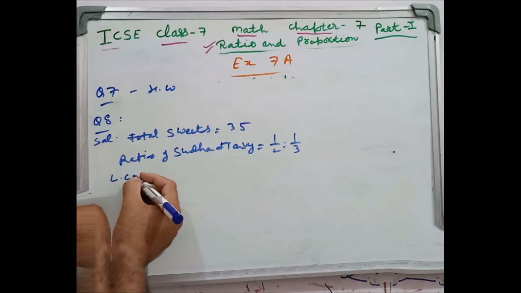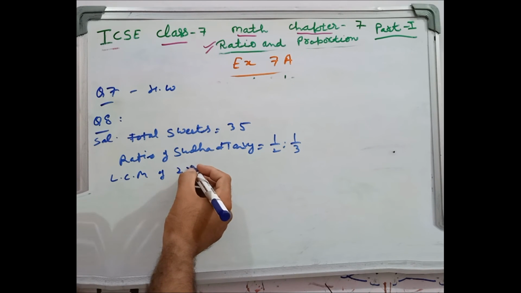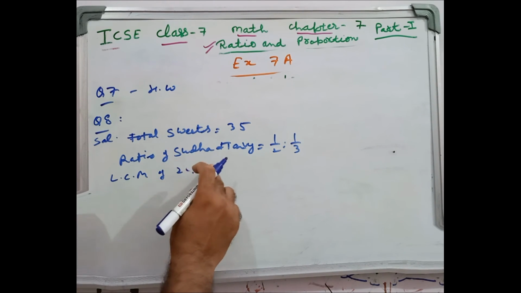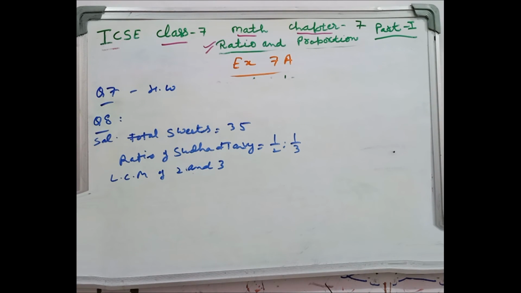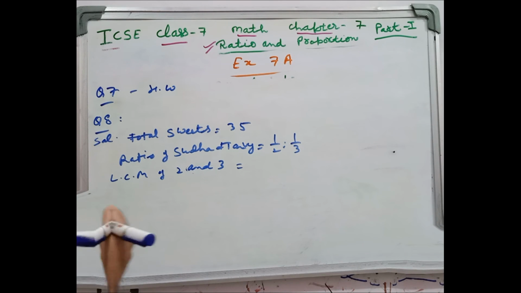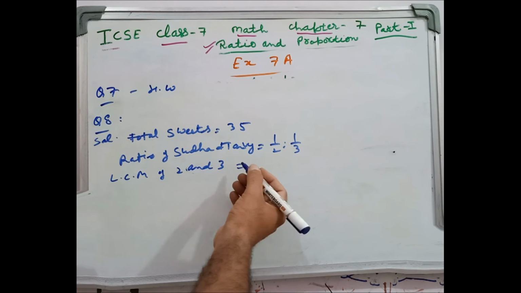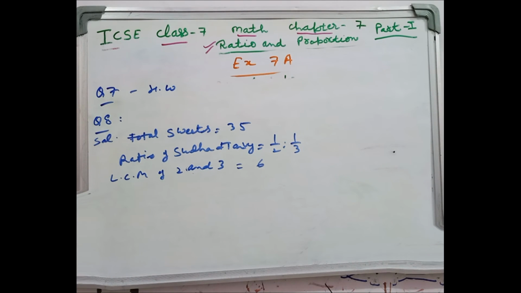So we will take the LCM of the denominators 2 and 3, which is 6. No common table on which they are running, so their ratio would be there. Total 2, 3 are 6. Right?